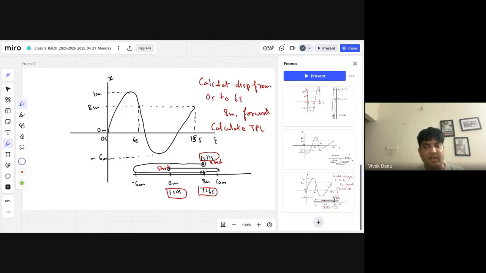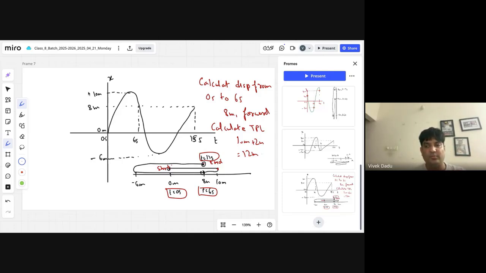So 0 to 10 meter, how much you have walked? And then from 10 meter, you came back to 8 meter. How much more you walked? 4 meters. So total path length is 12 meters. Do you understand the difference between TPL and displacement here?